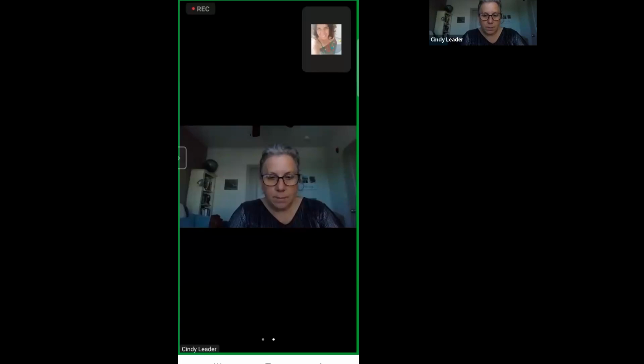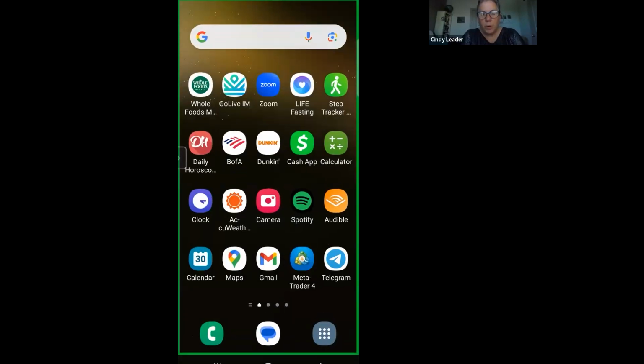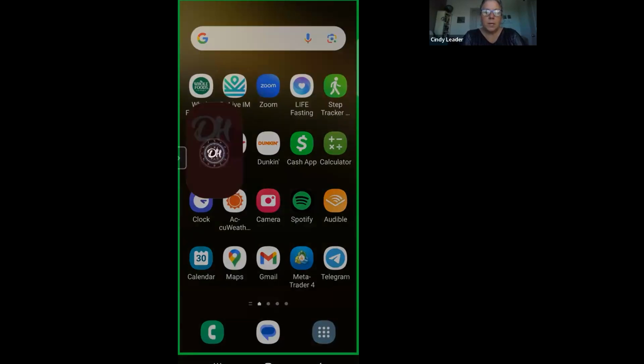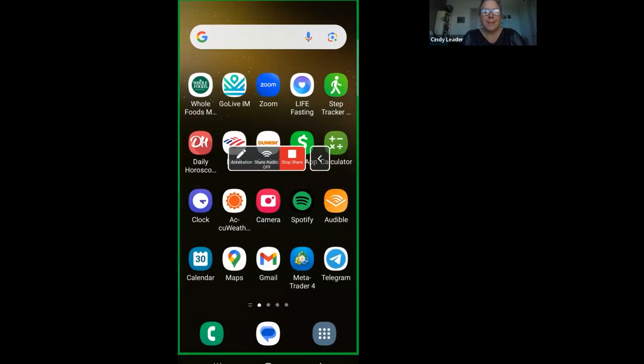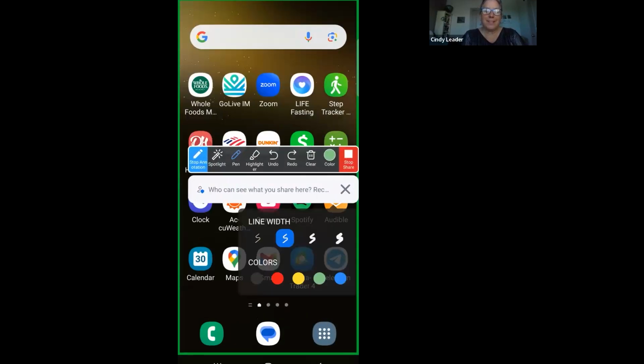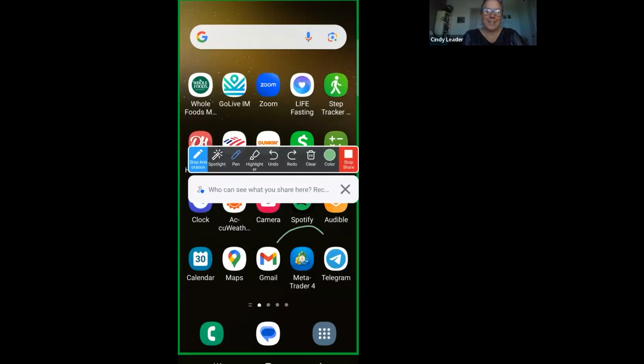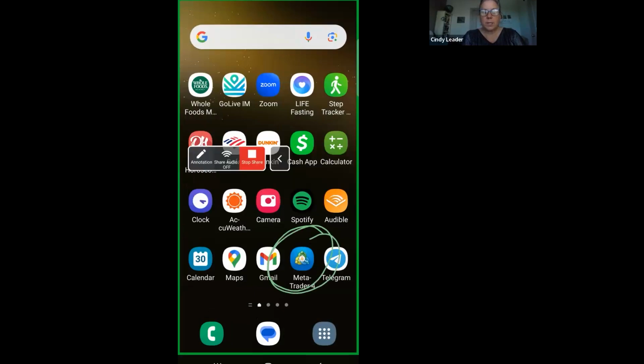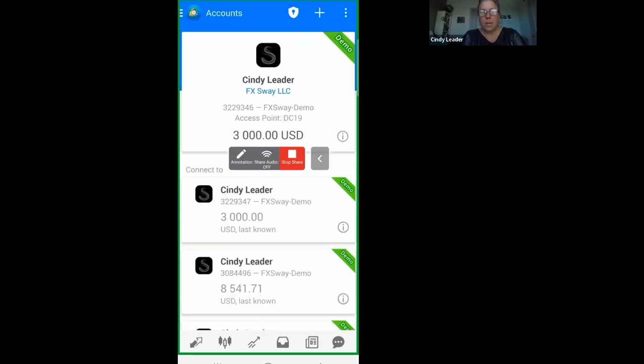Okay, here we are. Here's my MT4 on my phone. I'm going to go into that. I've created a bunch of demos. I've created 2 identical demo accounts.